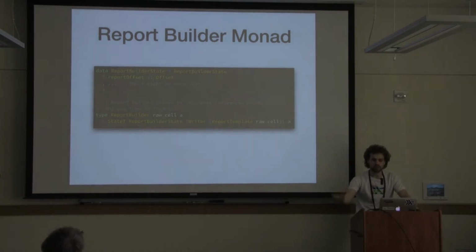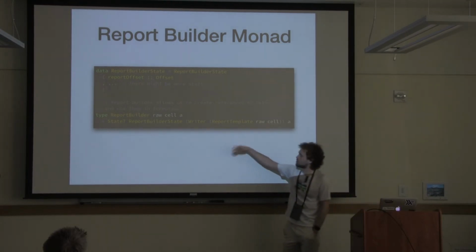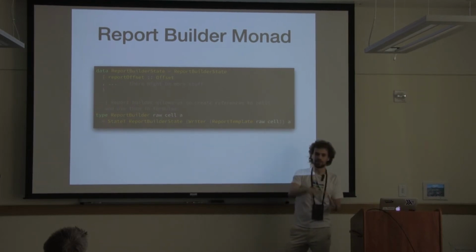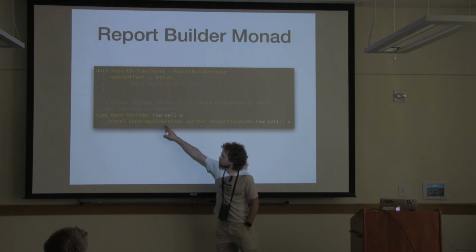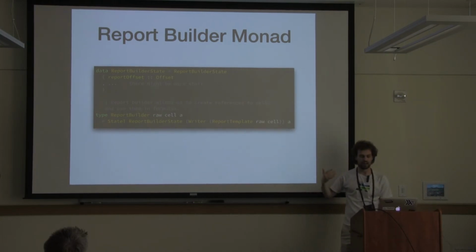And the report builder itself is just, well, I can reuse the monad transformers that are already available in MTL, or in the transformers library. I can use Writer to actually compose the report template, and I can use StateT of this report builder state to keep track of the current offset while I'm building this report template. Okay?